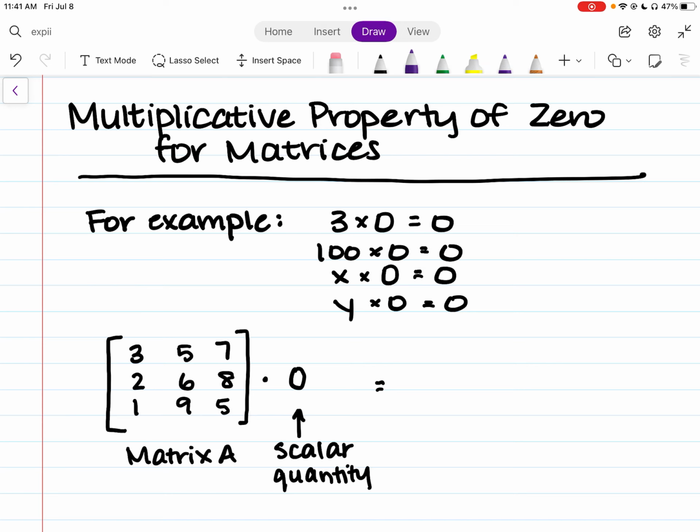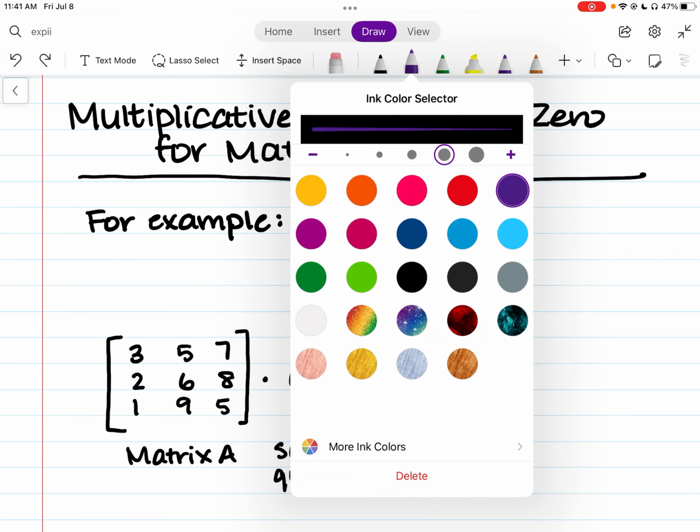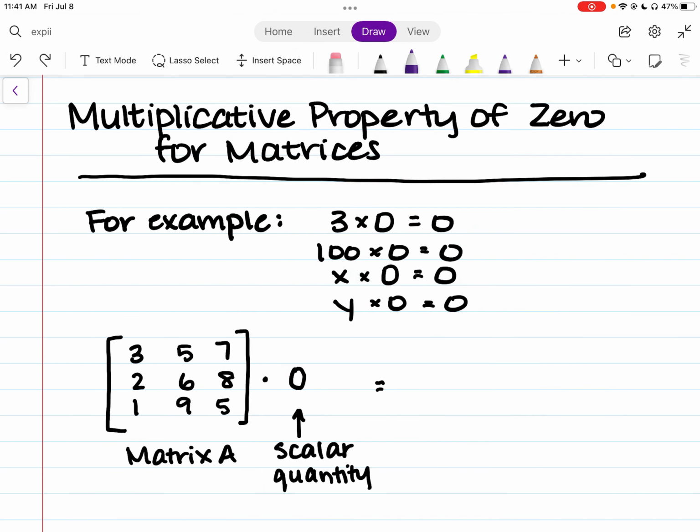In our new matrix, we would have 3 times 0, 5 times 0, 7 times 0, 2 times 0, 6 times 0, 8 times 0, 1 times 0, 9 times 0, 5 times 0.